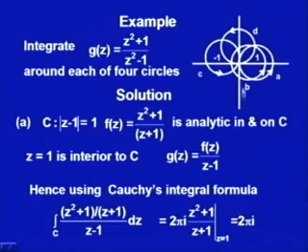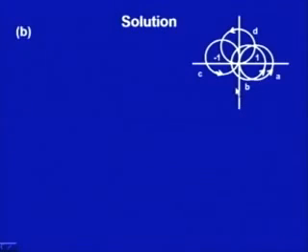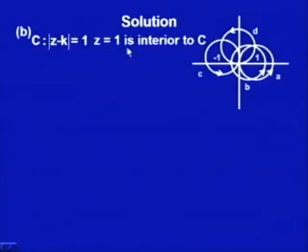Let us move to B. As I said, all the circles have radius 1, so the radius is 1, but the center is not very clear, so let us say it is any number k. So the circle would be mod z minus k equal to 1, and now z equal to 1 is interior to that circle also. So for B, z equal to 1 is interior.